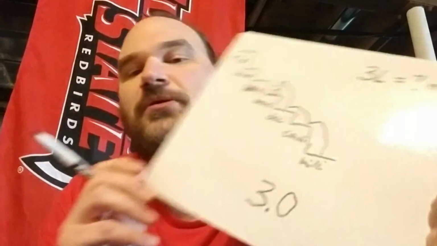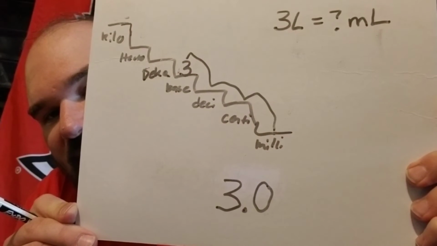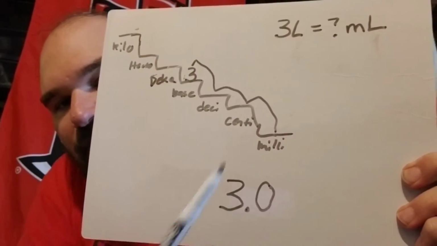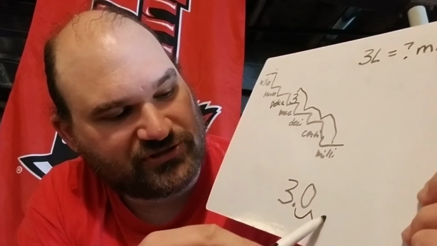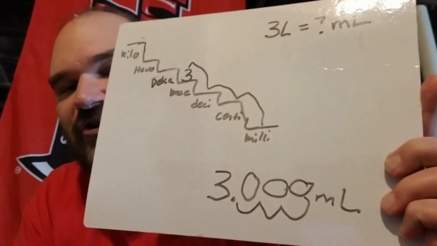We're going to make it 3.0. And then notice that for liters and milliliters, our abbreviation is a capital L. That's very important to note as well. We're moving this way, so we're going to move our decimal point that way as well. 1, 2, 3. 3,000 milliliters. That's your conversion factors.